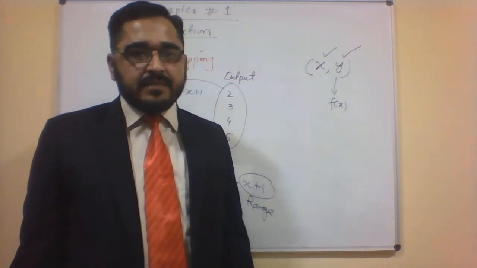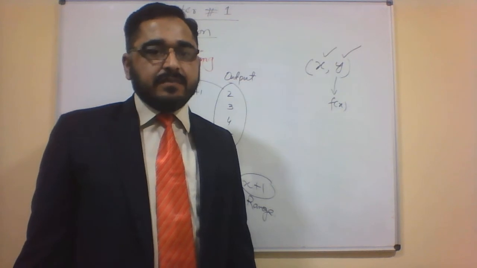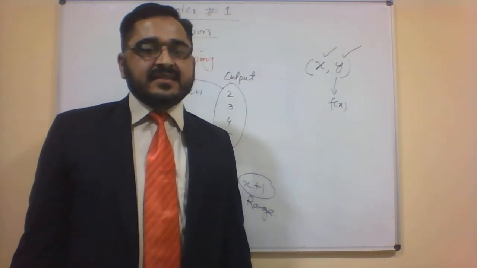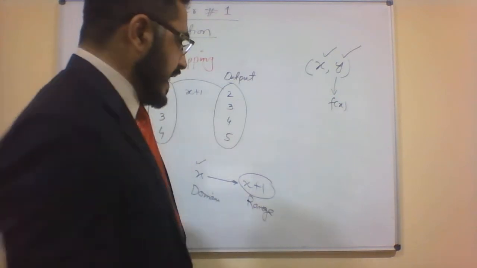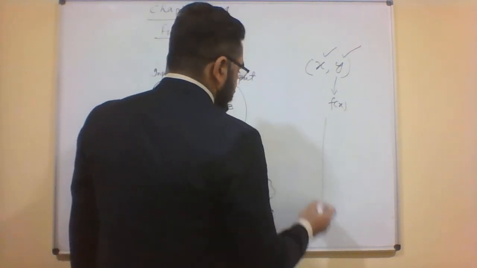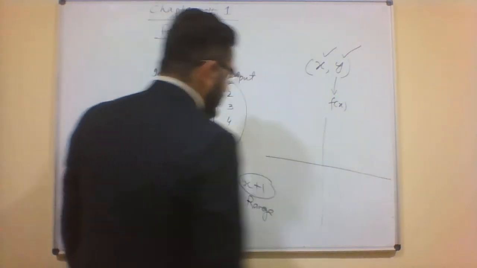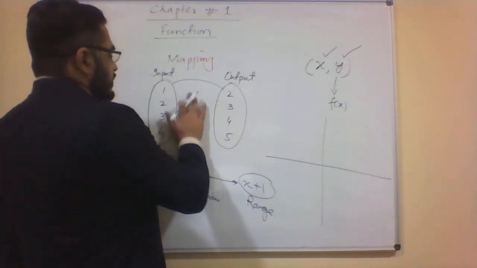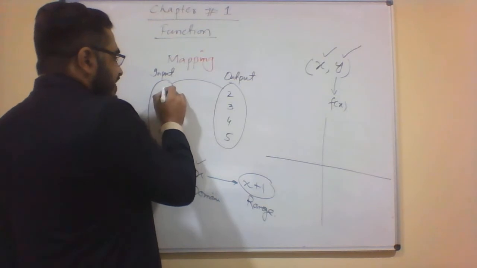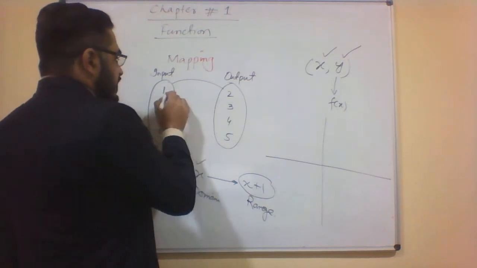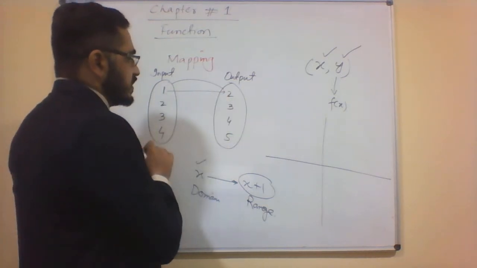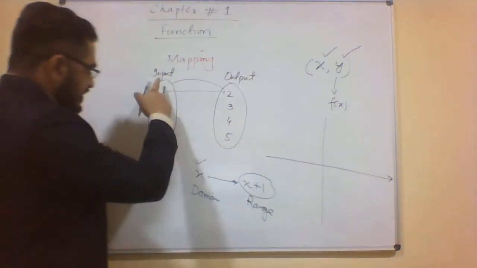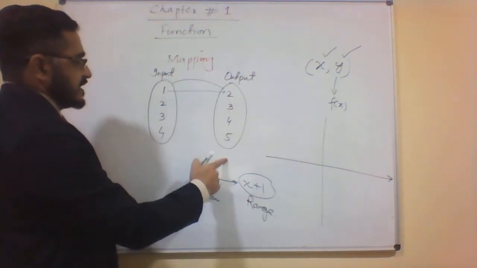The mapping can be represented graphically by plotting values of x plus 1 against the values of x. As in the previous grade we did, here 1 is domain, range of 1 is 2. Then along x-axis, this is x and this is f of x or y.